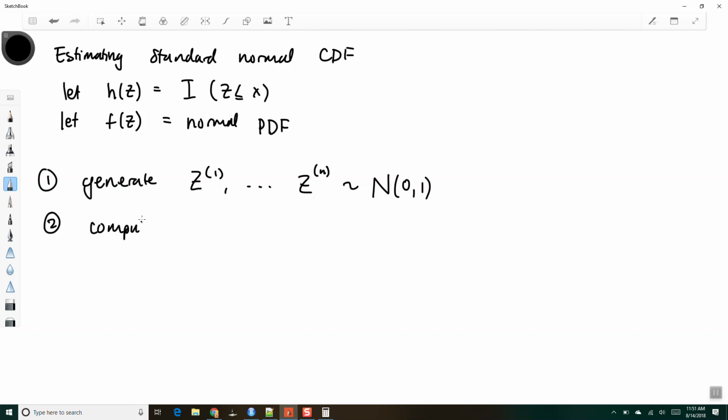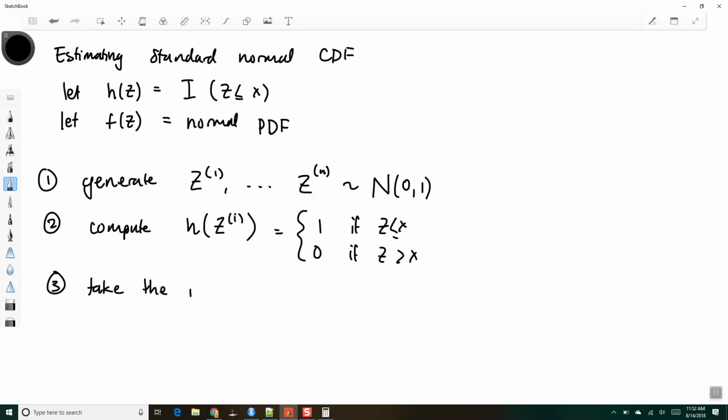Two, we'll compute h of z for every single z. So that's going to be 1 if z is less than x, and 0 if z is greater than x. And three, take the mean of h of z sub i. And that's it, okay?